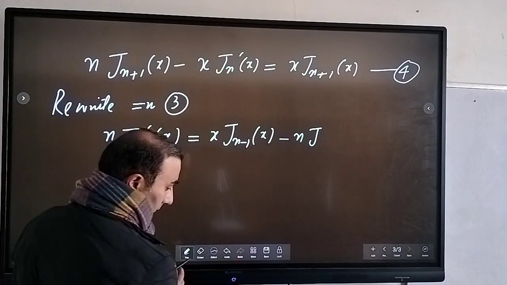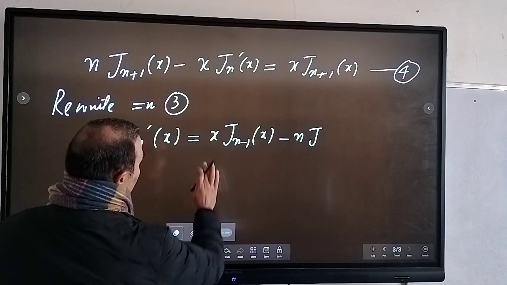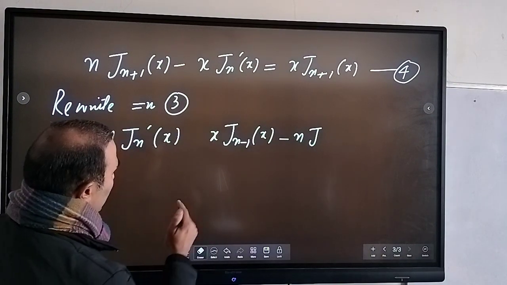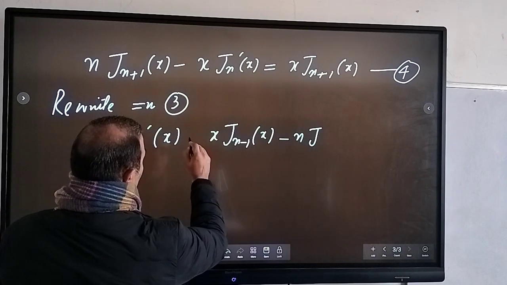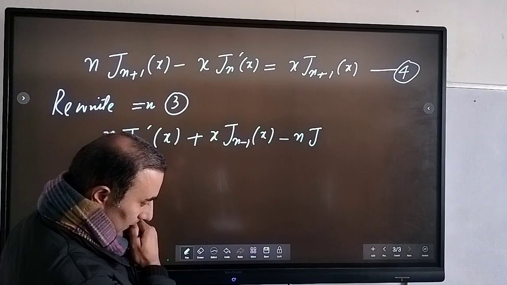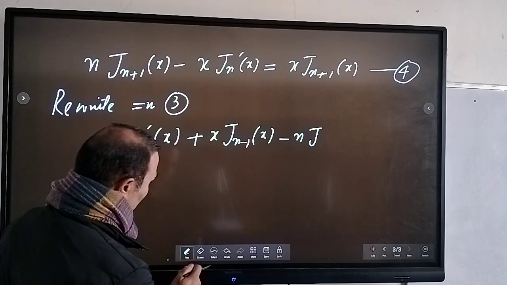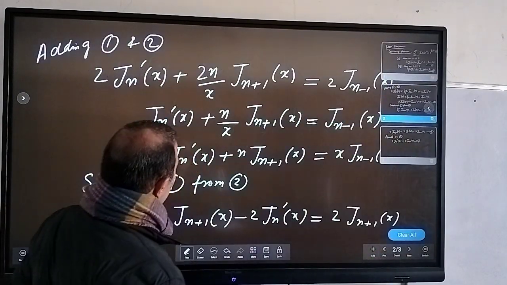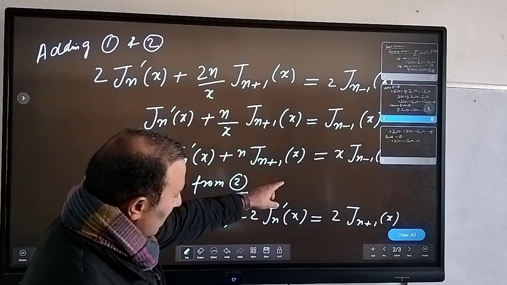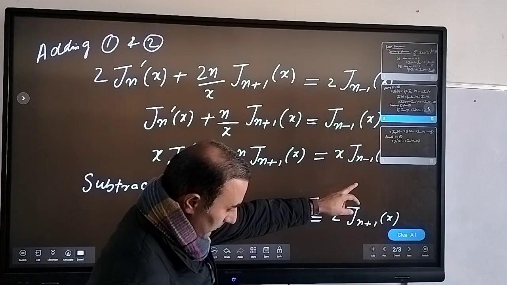So what did I do here? Sorry, I made a mistake here, this should be plus. So x j of n minus 1, x jn dash of x. Let's check whether it is correct: x jn dash of x plus x jn plus 1 of x equal to x j of n minus 1 of x, right?